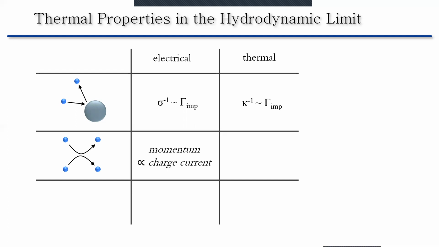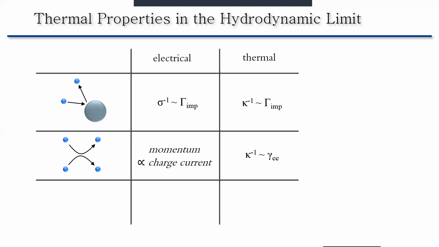Now, it's important to mention that the reason that holds is because of the absence of Umklapp scattering. On the other hand, for thermal conductivity, the scalar energy can be redistributed by the scattering event. So we'll say that the thermal conductivity picks up a factor of this little gamma, this electron-electron scattering rate.